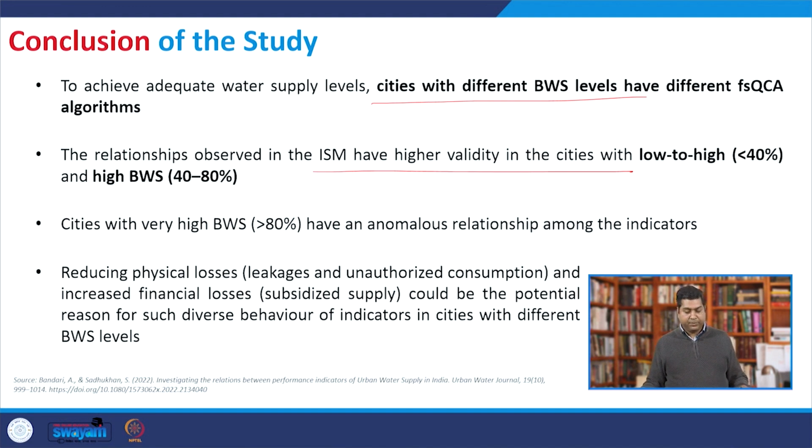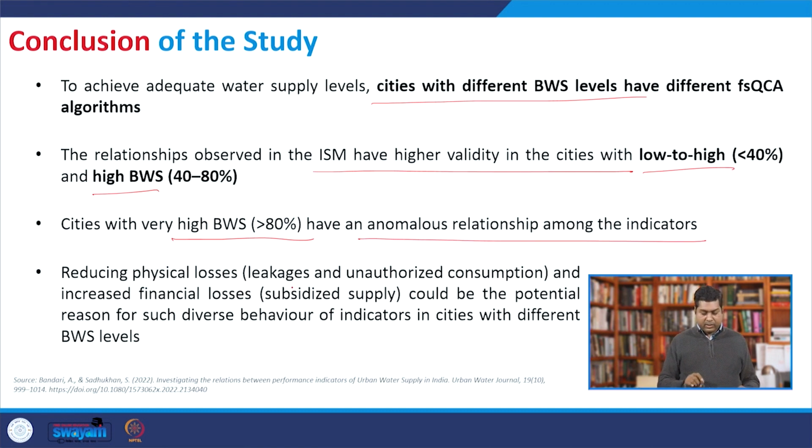There are certain results for very high BWS too, but it is much more valid for the cities with low to high and high BWS. The cities with very high BWS, more than 80%, have anomalous relationships among the indicators.